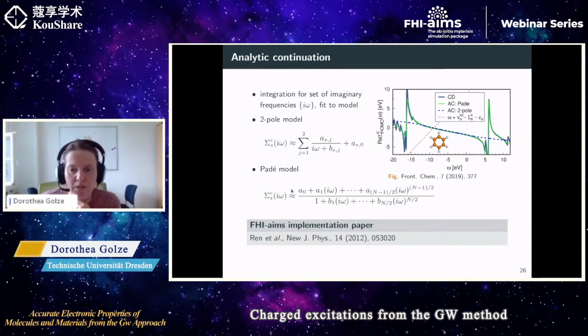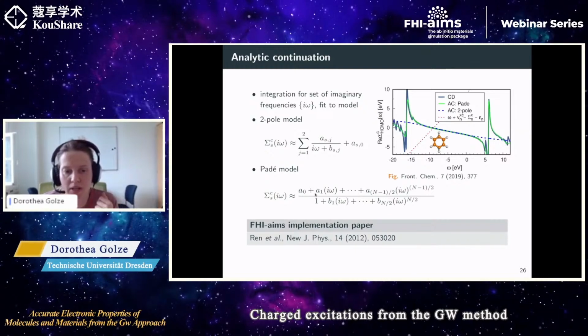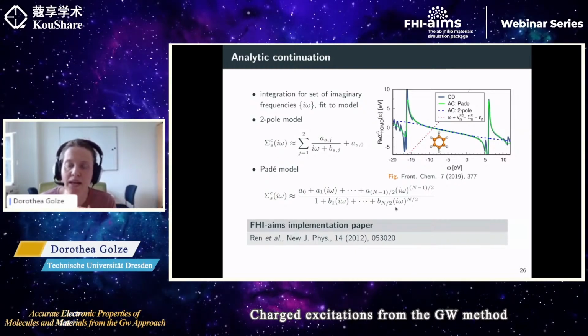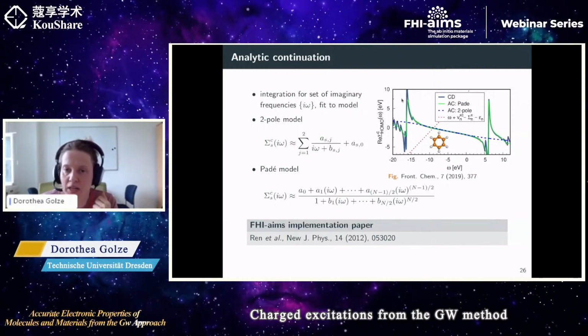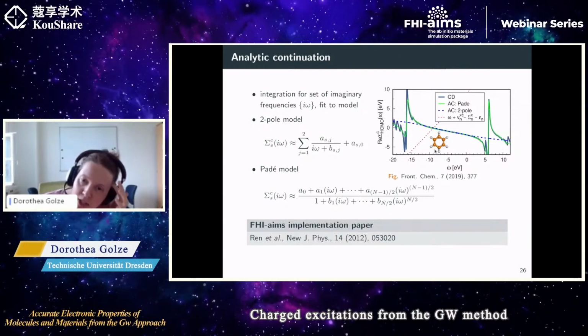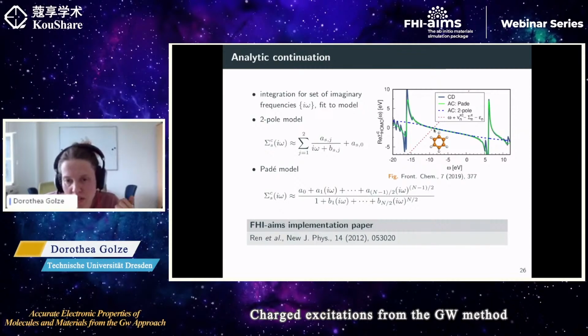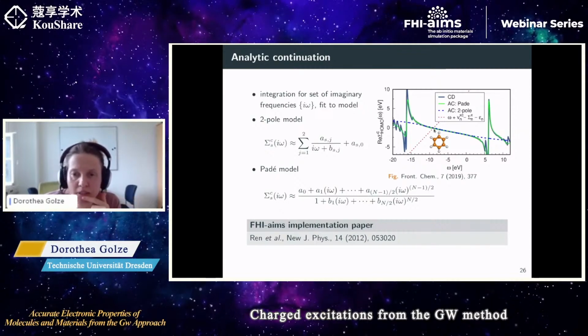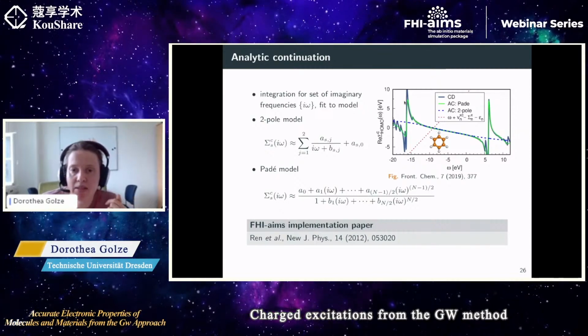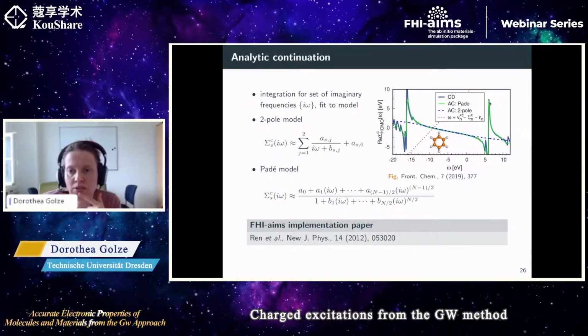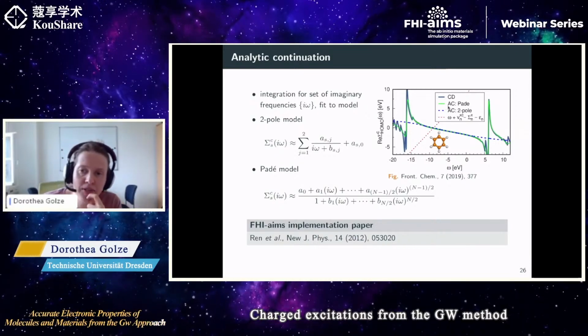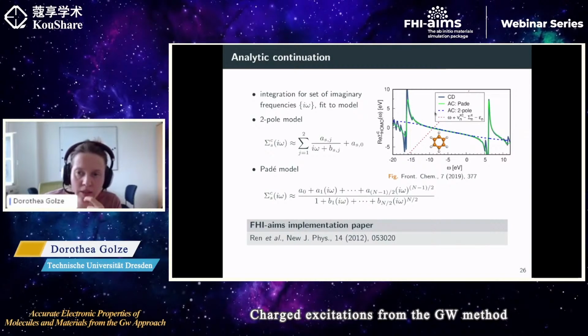You can have more elaborate models, for example, the Padé model, which has more parameters, A and B here. And then it's also more accurate, as you can see here. This is the self-energy for benzene. The solution here is roughly at 9 point something eV. The exact solution in blue is contour deformation, and we have the Padé model in green.